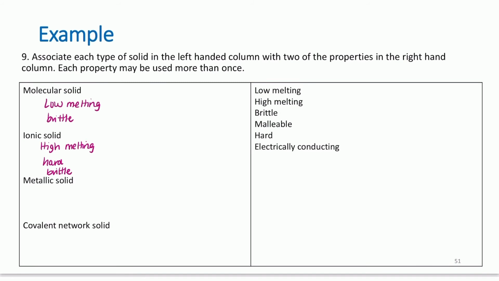Metallic solids, malleable. They're electrically conducting. Covalent networks, they tend to be hard. They tend to be high melting. So just thinking about some of the different properties these things have.